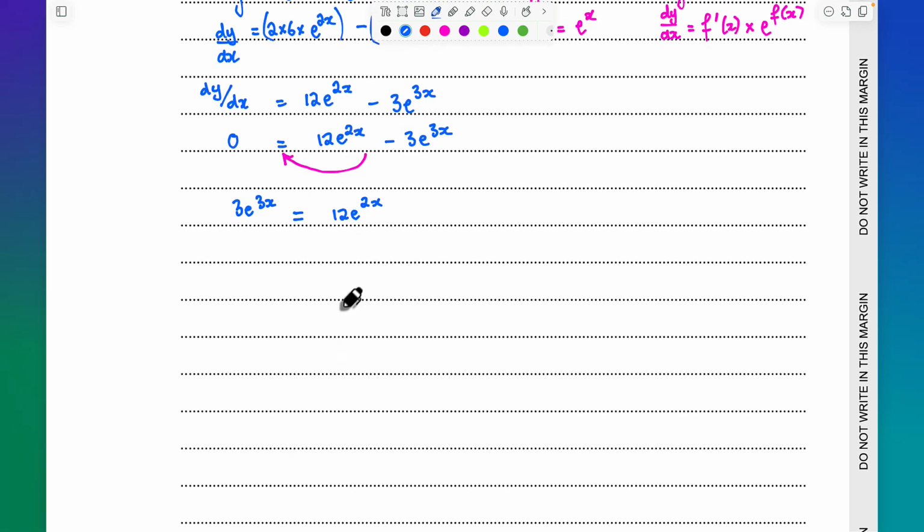We're going to simplify this as much as possible. So divide both sides by 3 to cancel out this 3. 3 into 12 is 4. So that's going to be e to the 3x is equal to 4e to the power of 2x.